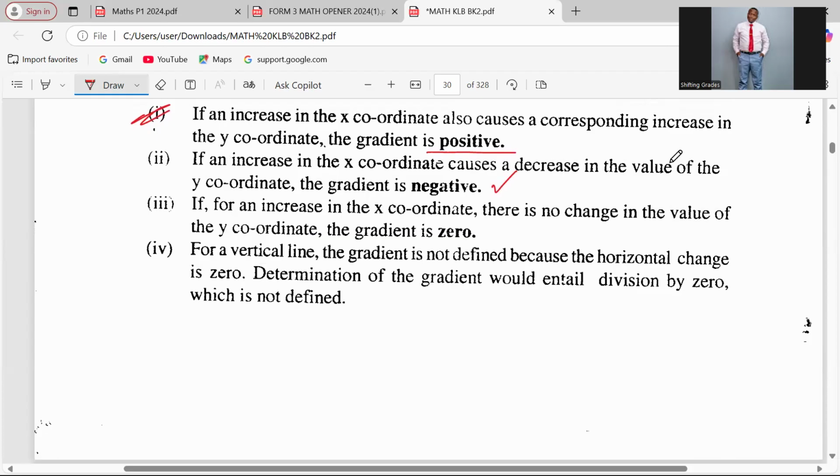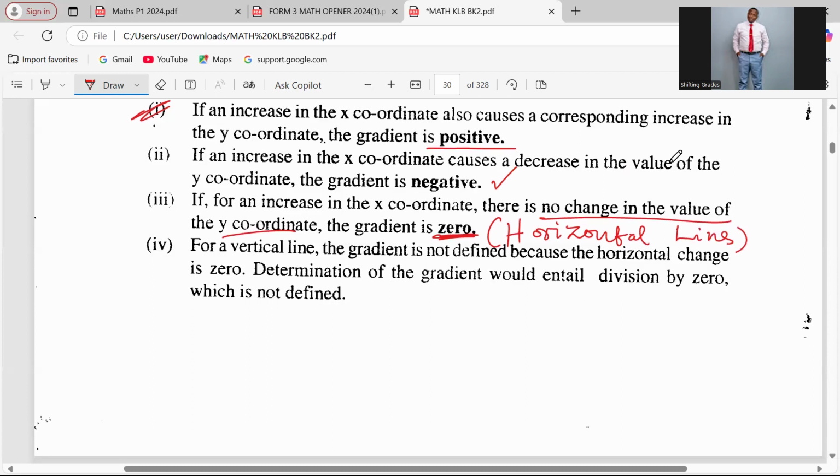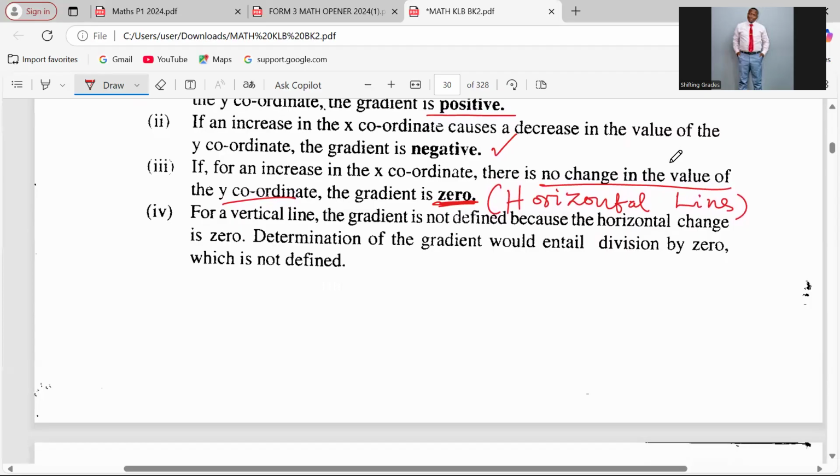If with an increase in the x coordinate there is no change in the value of the y coordinate, the gradient is 0. In other words, these are the horizontal lines. So for a horizontal line, the gradient is usually 0.